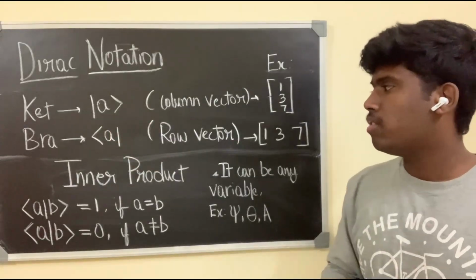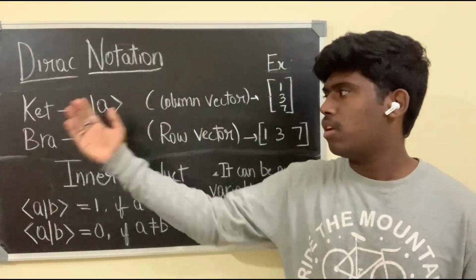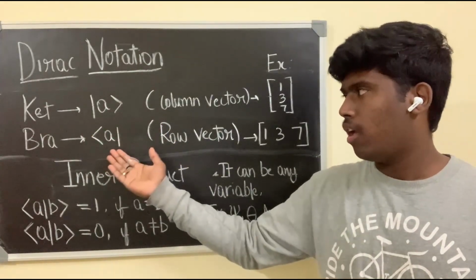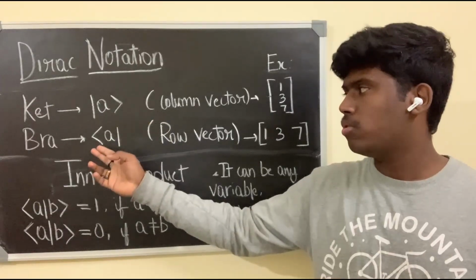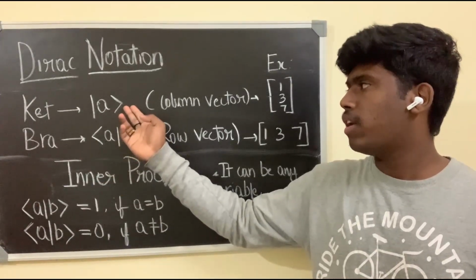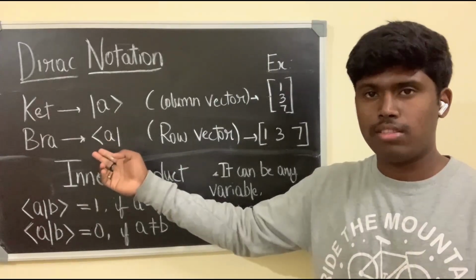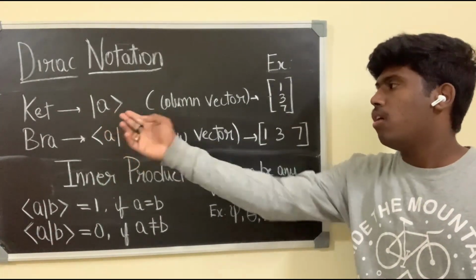And to represent a row vector, we use something known as a bra, and it can be written as bra A, where as you can see, the symbol is just the opposite. Here it is facing towards the right-hand side, and here it is facing the left-hand side. Here's an example of ket A.